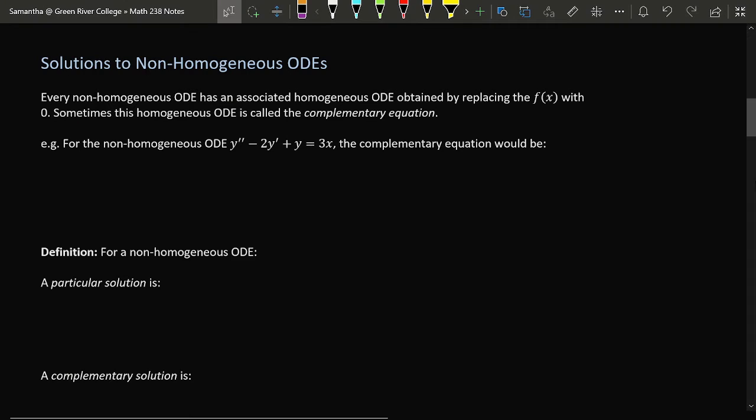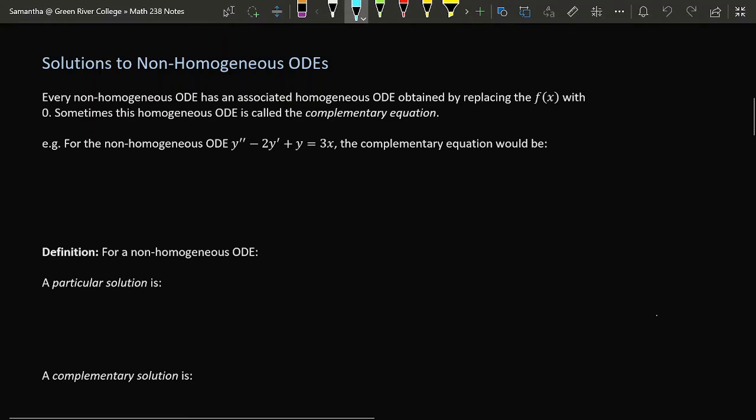Now, anytime you're working with an ODE that is not homogeneous, there is an associated ODE which is homogeneous. The ODE that you get if you just took that function on the right-hand side and replaced it with a 0. The homogeneous ODE that you get when you take a non-homogeneous ODE and just set the right-hand side equal to 0, this is called the complementary equation.